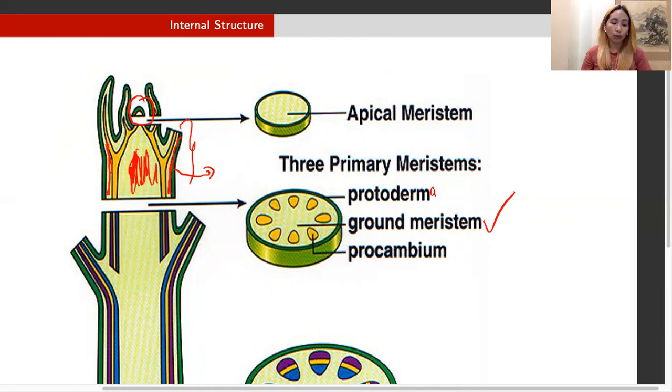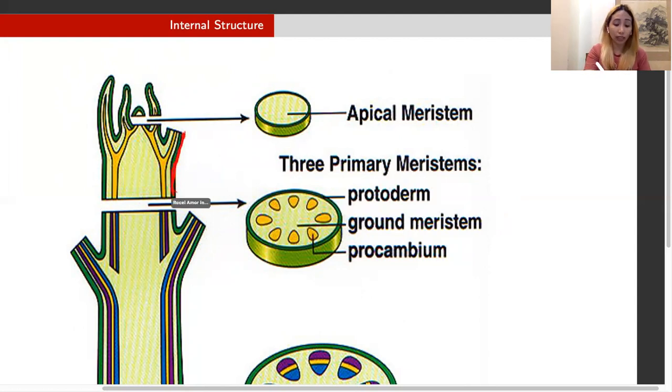Kung makikita ninyo na nakaayos ng ganito, yung procambium, we can determine a cortex and a pith. Pero nasa ground meristem pa lang tayo, so later on na natin yung sabihin. In any case, ulitin ko lang, the outermost part would be the protoderm.